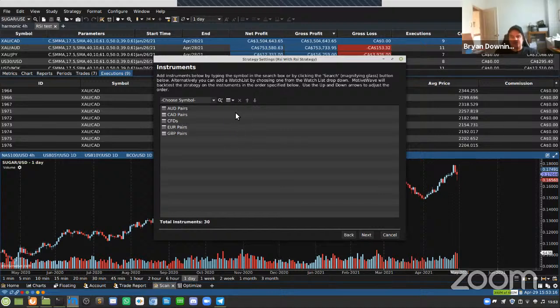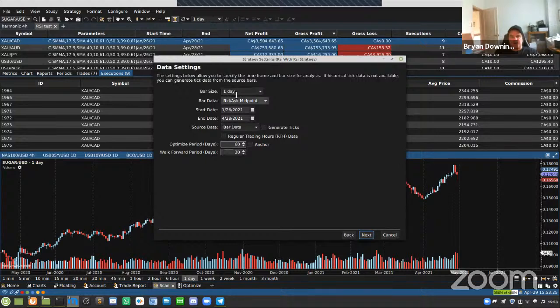including some CFDs, not all, but we're going to get about 37 instruments. Okay, so go next, and then here we go, 1 day analysis again, same thing as before. So it's going to use this time frame between end of January 26th to April 28th, and then we're just using RSI, very simple one. And then we go next.